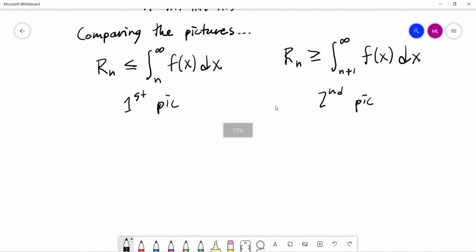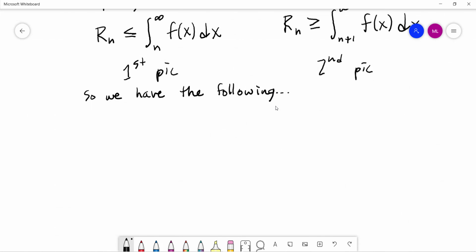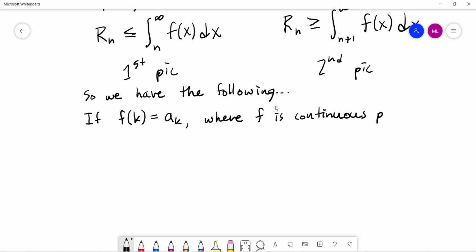So we get the following. If our function f of x, evaluated at a point k, we call a sub k, the height of the curve, where f has those conditions: it is continuous, it is positive, but it is also decreasing.